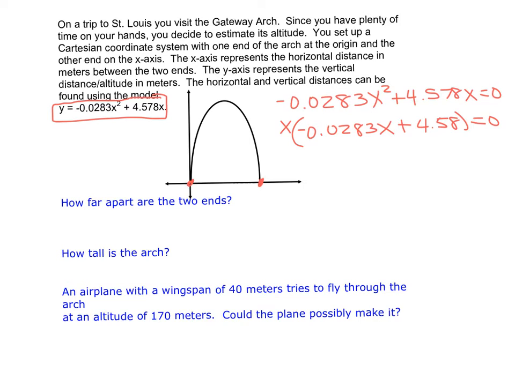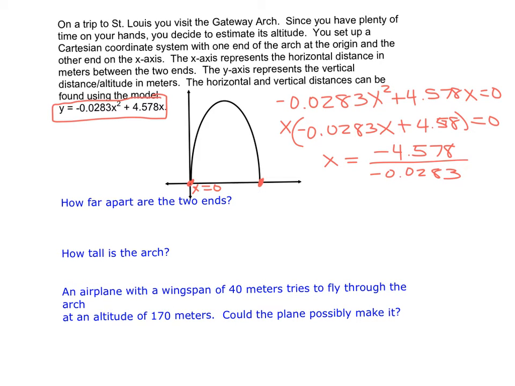So we have the x equals 0, which we knew, right? And then for this one, I'm going to subtract 4.578 over negative 0.0283. Let's see what we get.